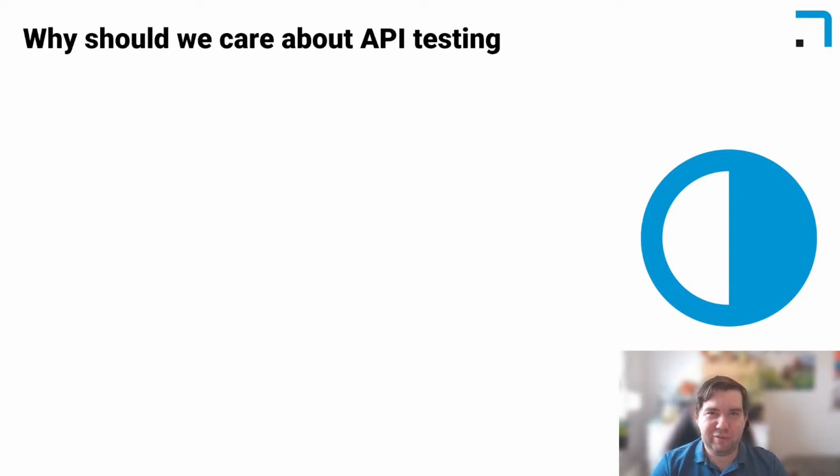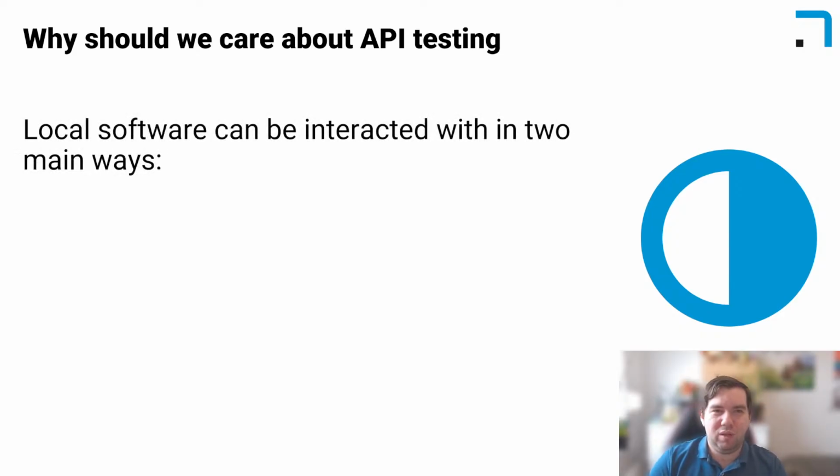Well, when we traditionally think about software testing, we can think of it as split between testing local software that is on our machine, which is probably what we're most familiar with. We can also think about remote testing. When we look at local testing, we think about testing software in primarily two main ways. First, with graphical user interfaces or GUIs.